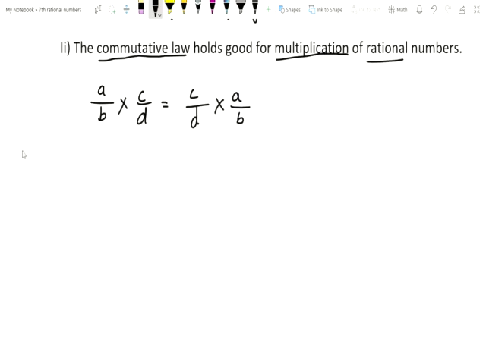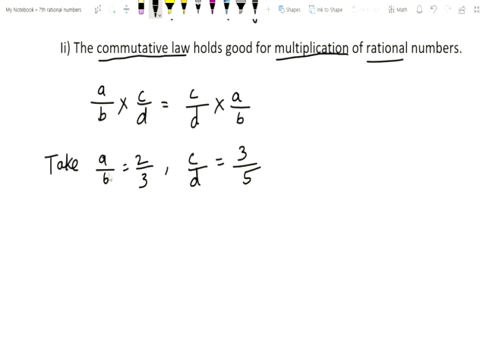Okay. See here, let you take A by B equal to 2 by 3, C by D equal to 3 by 5. Let us consider this. Okay, so we are going to check this.